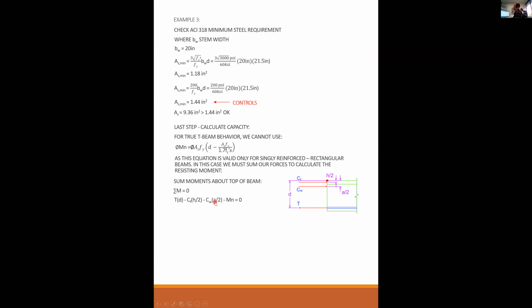All you're basically doing, if you did that, is combining CF and CW into one C at some other moment arm. But you still have to do this. You can't use this anyway. This is off the table. So all you're doing is using more math to consolidate these two vectors into one vector.